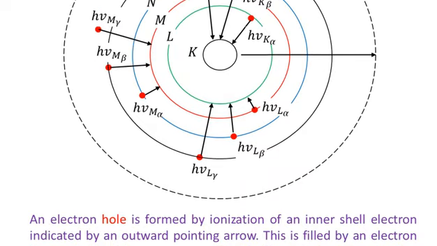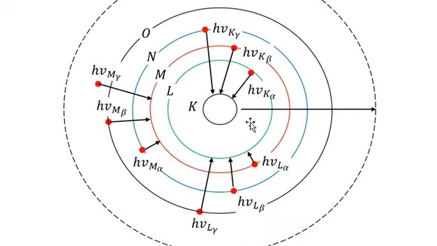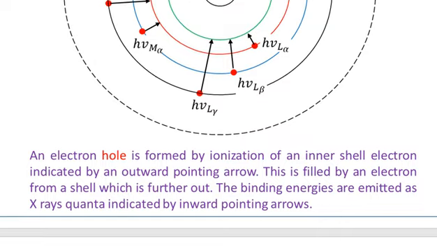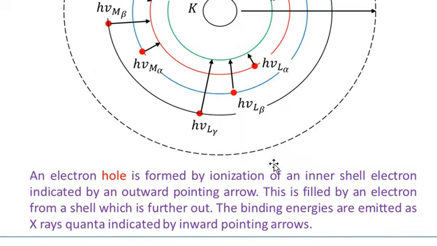For example, here you can see that this large arrow, pointing outward to this dotted orbit, indicates that one electron from the K orbit has been ionized, that is, removed from the atom. An electron hole is formed by ionization of an inner shell electron indicated by an outward pointing arrow, shown in the figure.